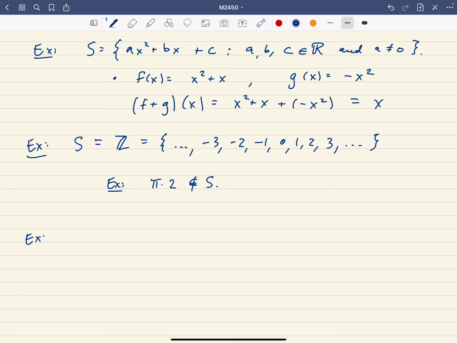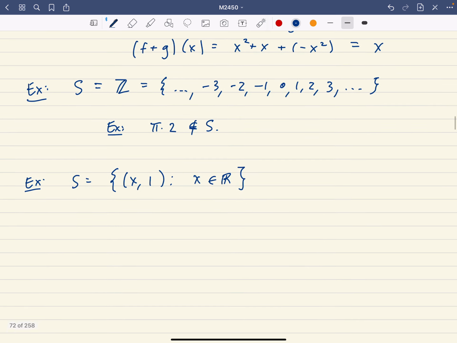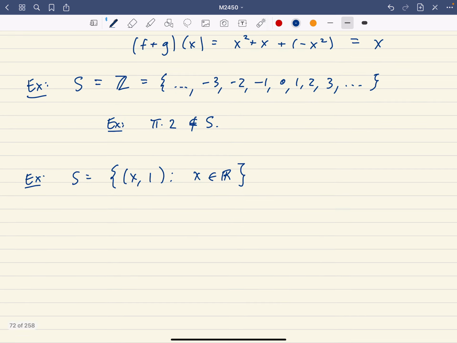And then there's others. For example, we could talk about another set that's not a vector space. Let's call it S. And so let's say that this is the set of real numbers of the form x comma 1, where x is a real number. Okay, so this is not a vector space. And it turns out it's not a vector space because, again, it's both not closed under scalar multiplication and vector addition.